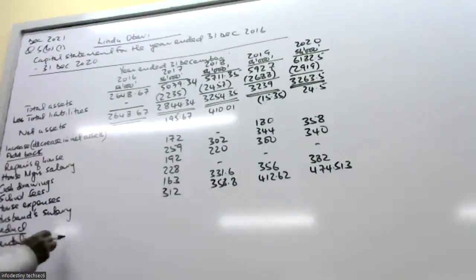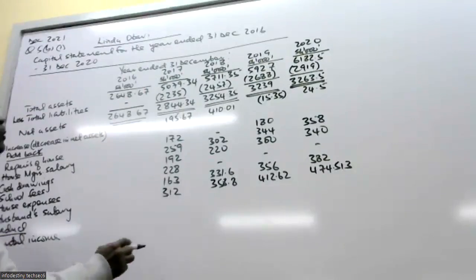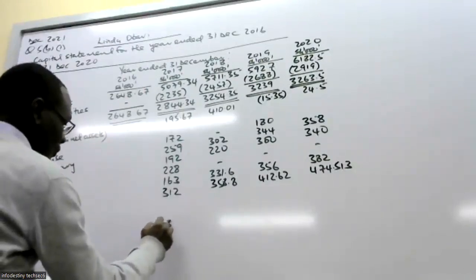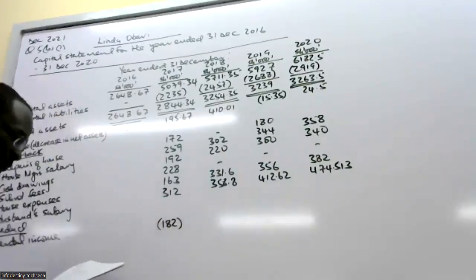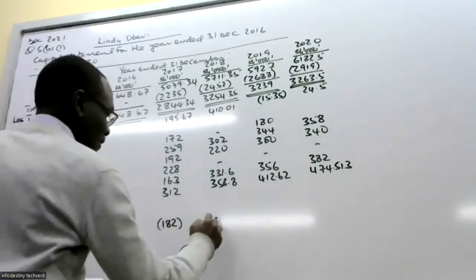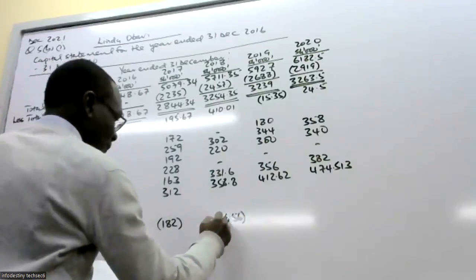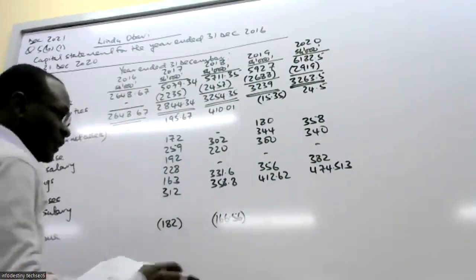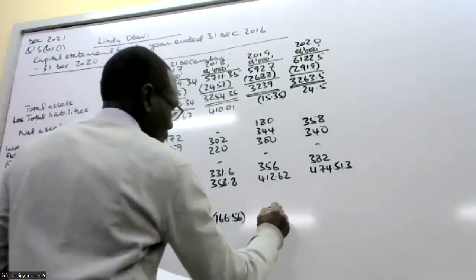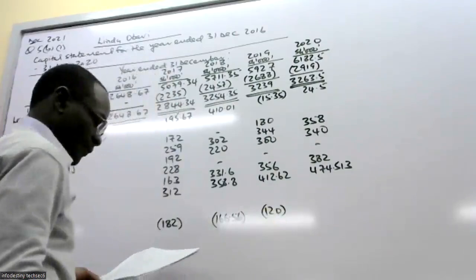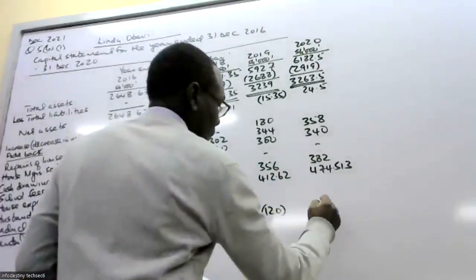We deduct rental income. Rental income is 182 for 2017, then 166.56, then 150, then 218.